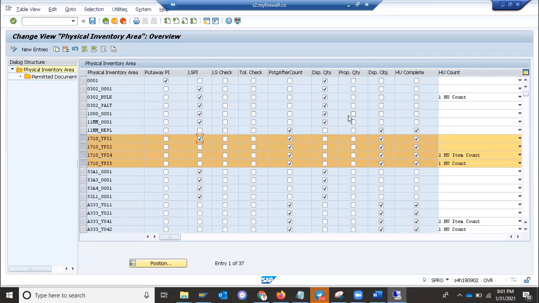In cycle counting, we are defining the frequency of checking. Ad hoc basis, we are not defining.